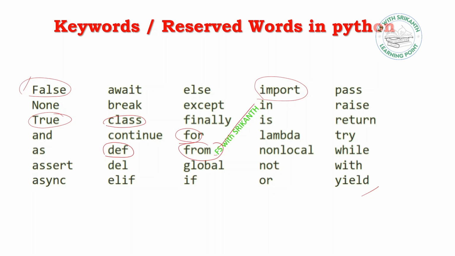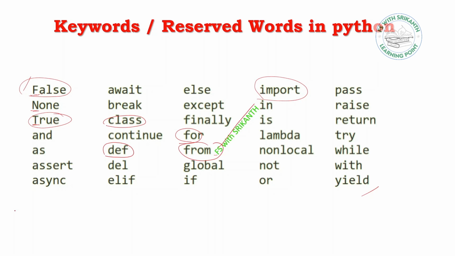Reserved words in Python are case sensitive. Generally you observe here the capital T, capital F, and capital N. Definitely you should follow this kind of rule. You never use all lowercase or all uppercase; that is not your choice. As per Python's restriction, if a keyword consists of uppercase letters, you should go with uppercase, and otherwise you should use lowercase letters.